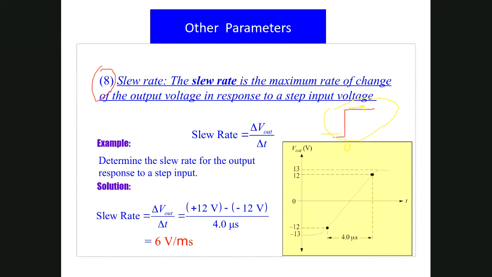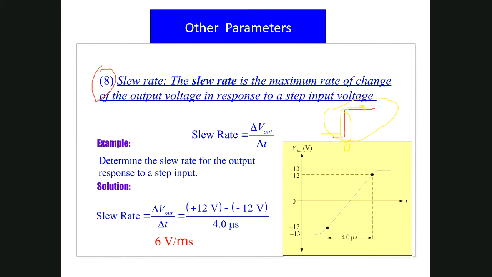So why do we consider this signal at the input? This signal has the highest frequency change. So if you apply this signal to the input of your op-amp, how your op-amp responds to it will give you a good picture of how sensitive your op-amp is to fast signals or high frequency signals.